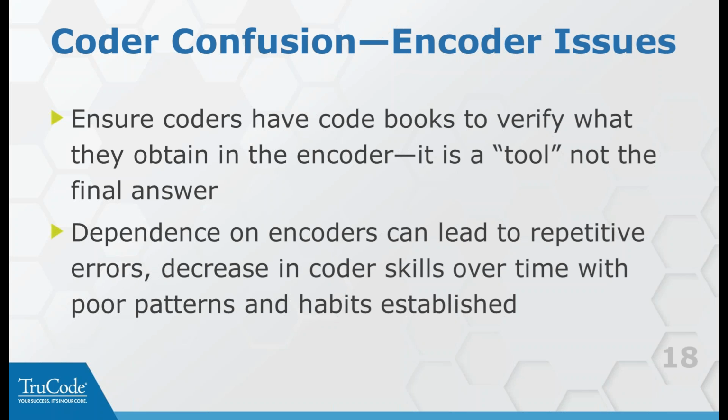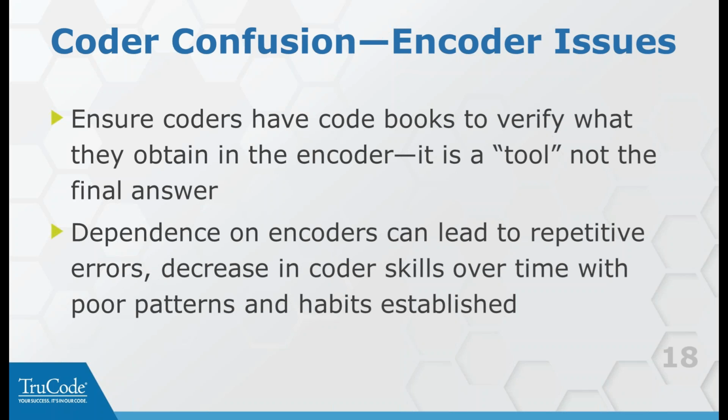And also, I'll just say that I taught a PCS class a couple of weeks ago, and some of the people in there said, well, we just don't worry about it. We just expect the encoder to give us the answer, and they really weren't taking the time to really understand how PCS coding works and how the different device characters and approach characters and body part characters impact one another when you make changes.